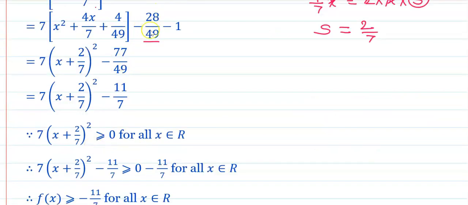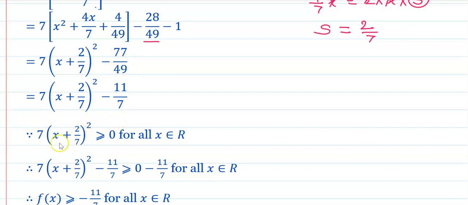Therefore minus 28 upon 49 minus 1. If we simplify 49 into 1, that is minus 49 minus 28, and then you will get minus 77 upon 49. Okay, now next if we simplify this then here you will get, we divided by 7, that is 11 upon 7.